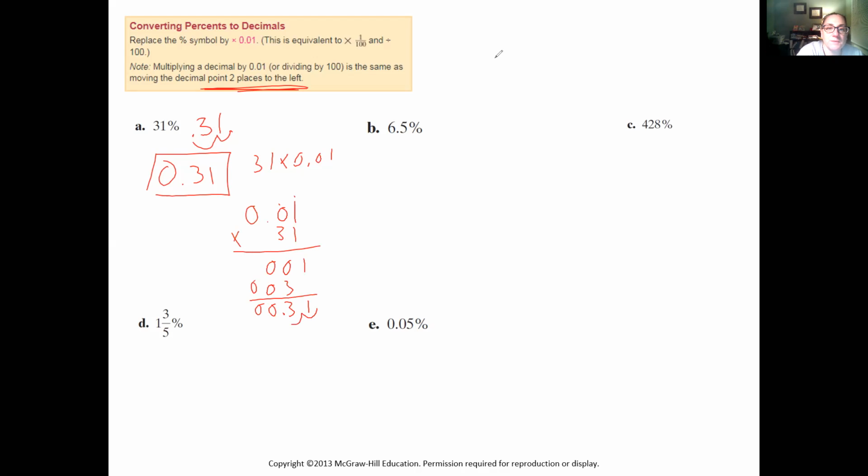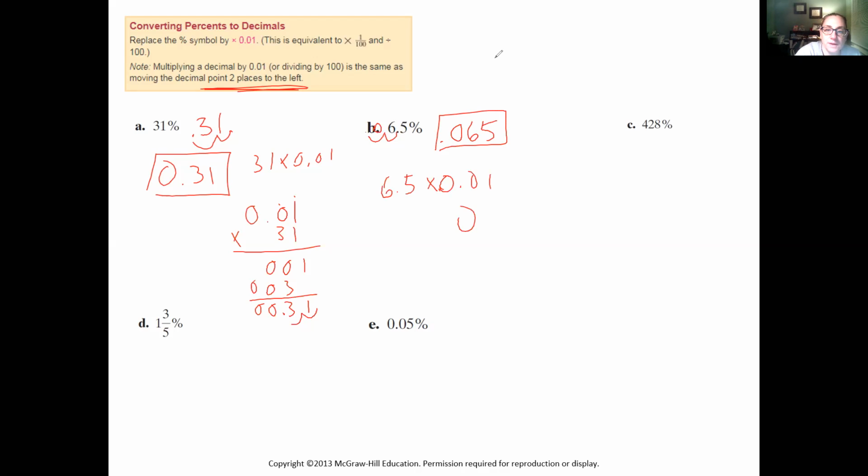So if we have 6.5, we go 1, 2. We have to add a 0 because there's a blank. It's going to be 0.065. Okay. Or the other way to do it is we take 6.5 times 0.01.